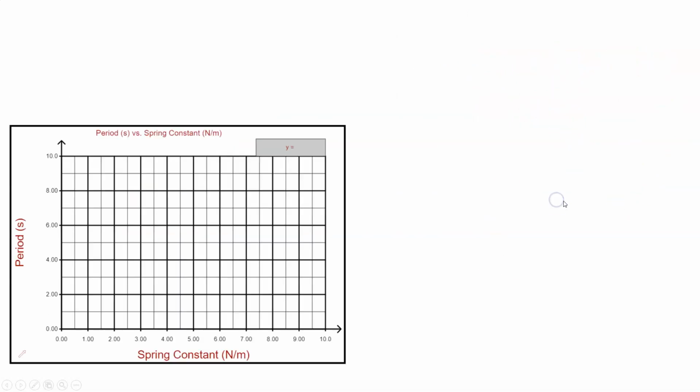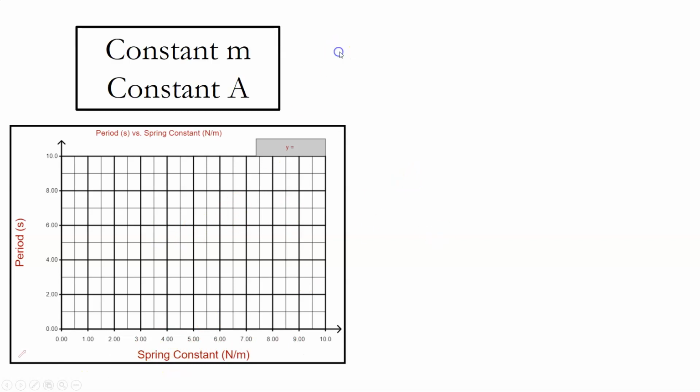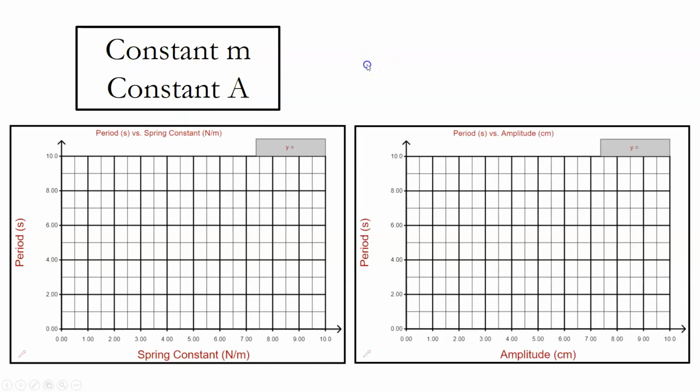So we want to know, how does the period change when I change the spring constant? But we're going to be good scientists and we're going to hold the other two variables constant. And then another experiment, how does the period change when the amplitude increases?